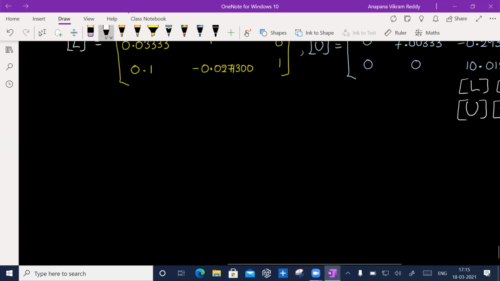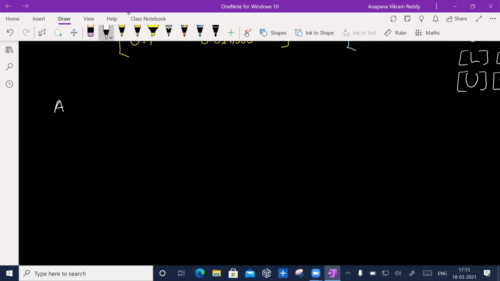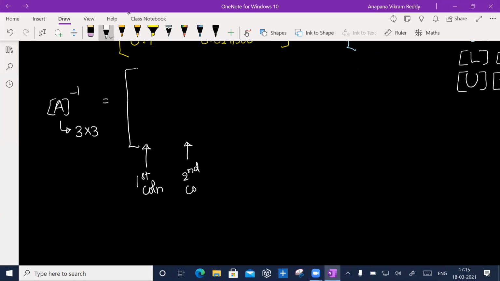Now, if I find the inverse, what must be my size? Again, the same 3 by 3. Our goal is this: we will first find the first column of this inverse, then the second column, and finally the third column.